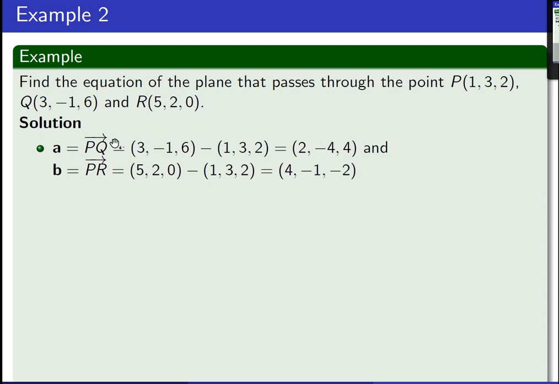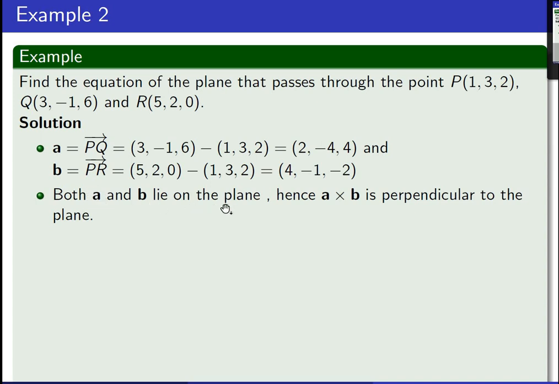If such a vector is perpendicular to PQ and PR, then it will also be perpendicular to the plane PQR, because it's perpendicular to these line segments.